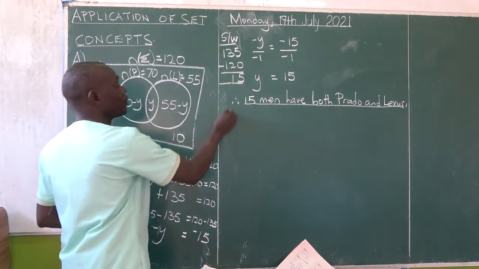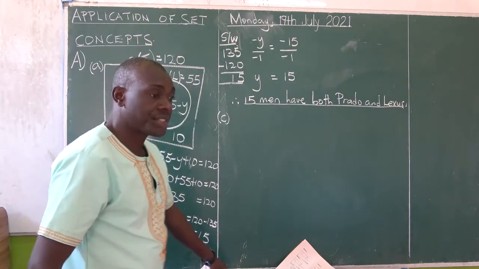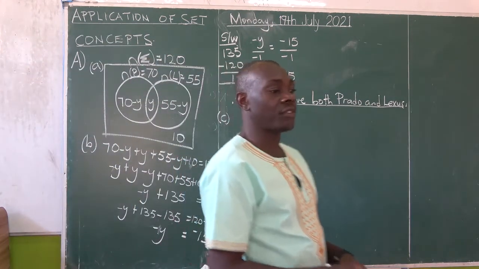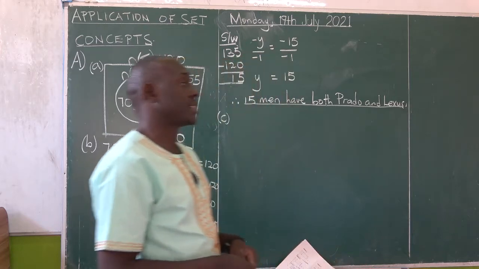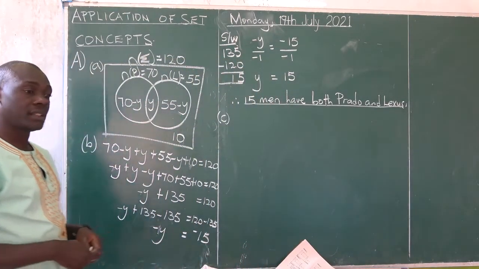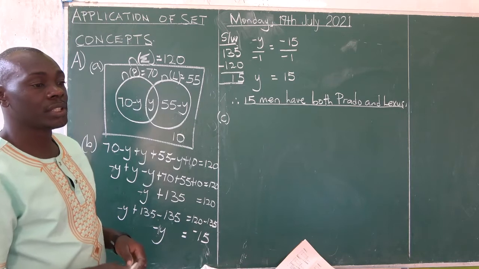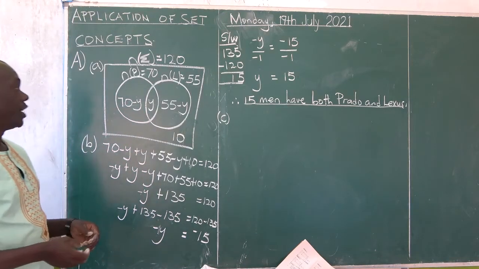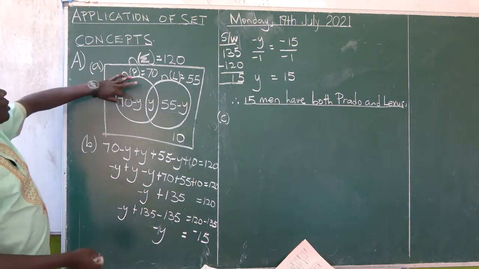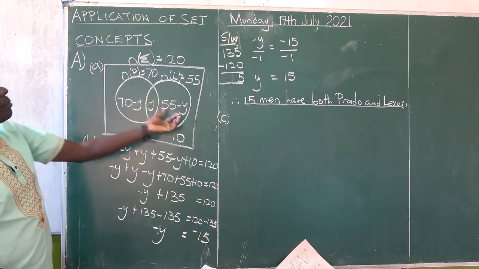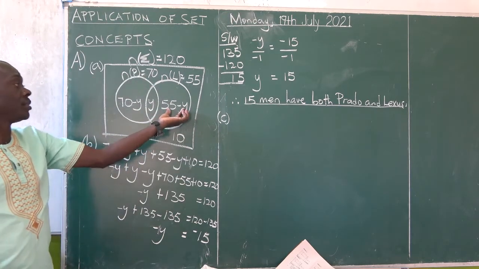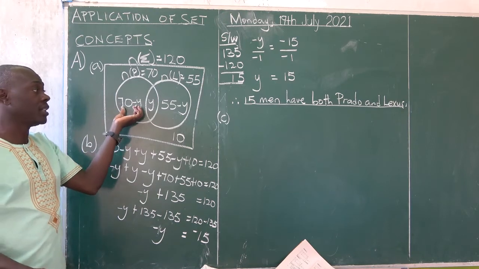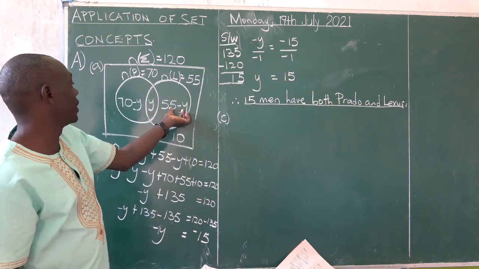So we shall then go to part C. Part C is there. How many rich men have only Prado or Lexus? It's the same as how many rich men have only one type of vehicle. So we use Prado only plus Lexus only.